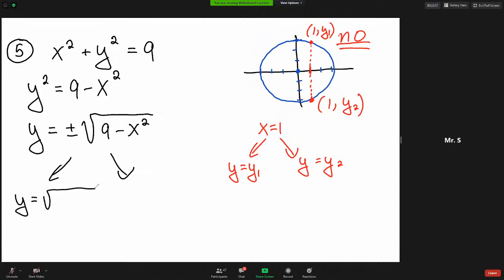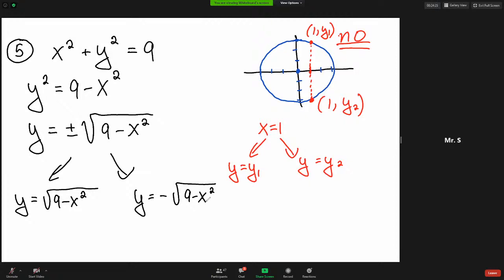One of them is the positive square root of 9 minus x squared, and the other is the negative square root of 9 minus x squared.